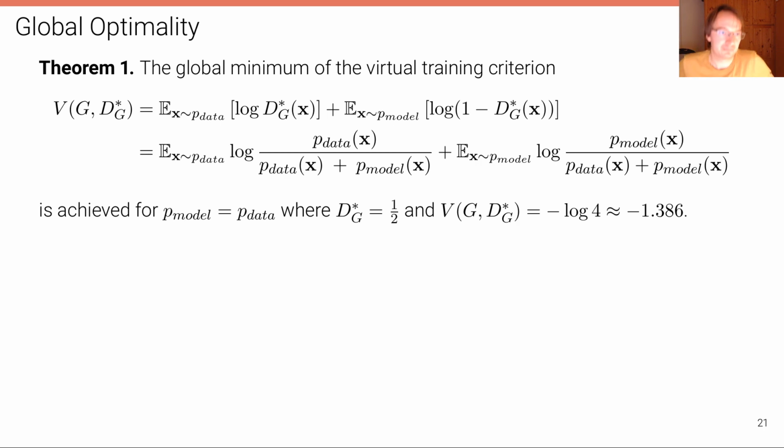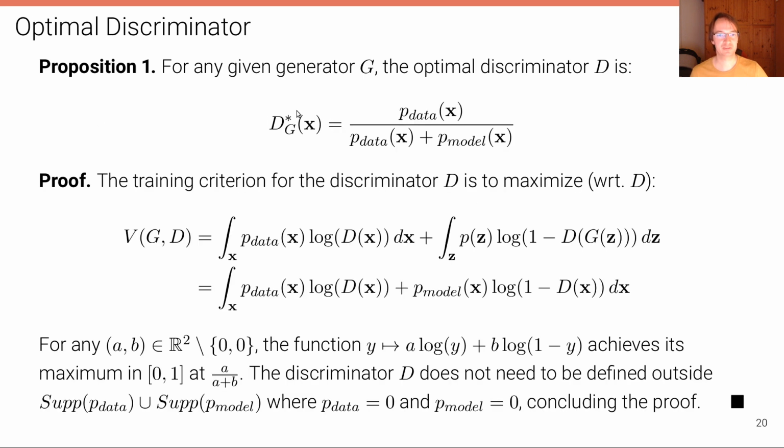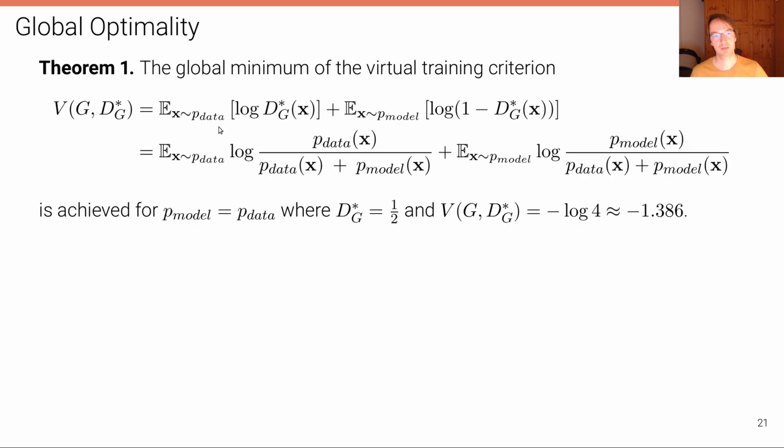Now, the second theoretical result is on global optimality. This is theorem 1 in the paper. Theorem 1 states that the global minimum of the virtual training criterion, which is V of G and D star at G, so the optimal discriminator for a particular generator that we have just derived, is achieved for the model distribution being equal to the data distribution.